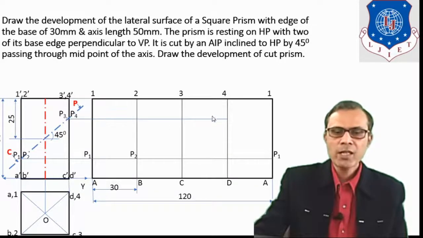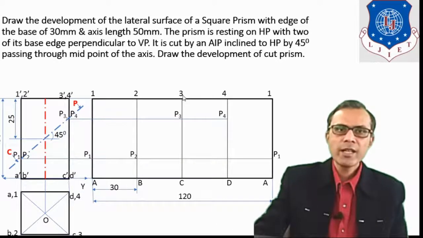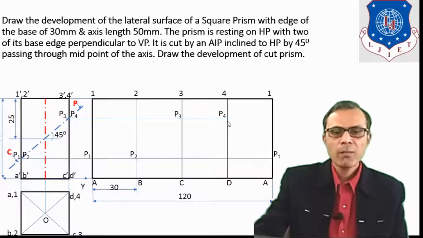So we have already drawn the projector. Now locate these points. We are considering that the 3C longer edge is cut by the cutting plane at point P3, and another longer edge 4D is cut by the cutting plane at P4 point. So on 4D, this point P4 is located.